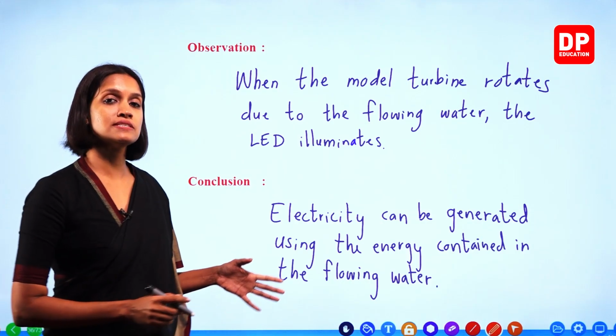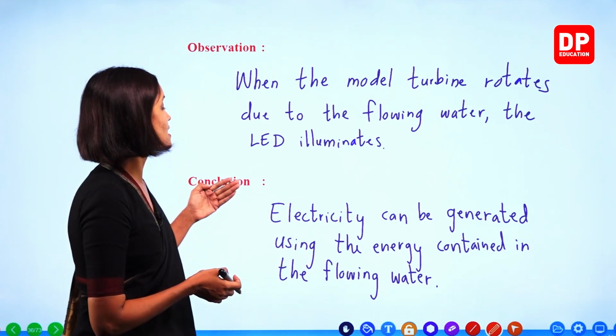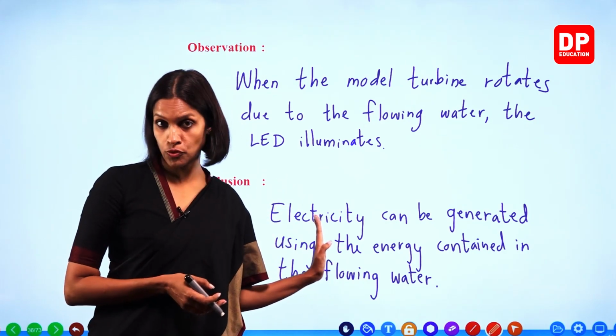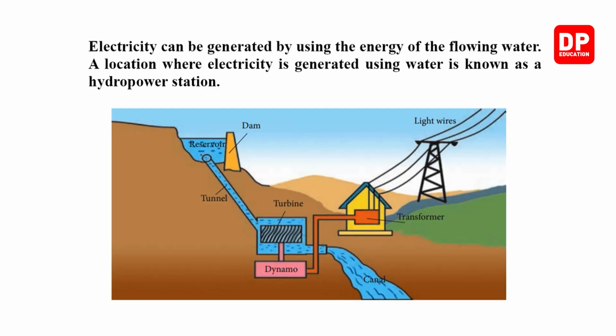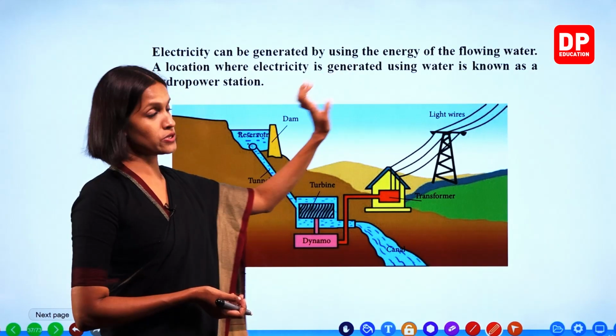Right, children? This is the theory behind the hydropower plants. Electricity can be generated using the energy contained in the flowing water. So electricity can be generated by using the energy of the flowing water.